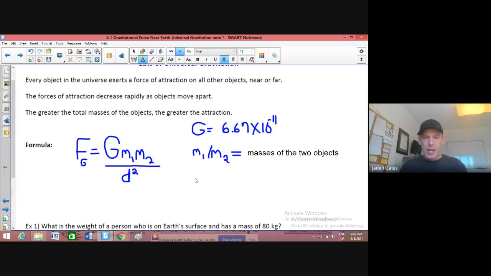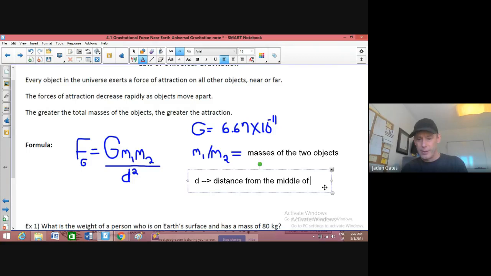And lastly, D, well, that is the distance from the middle of one mass to the other.